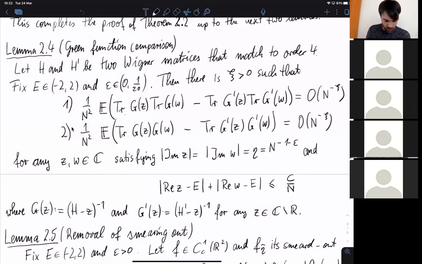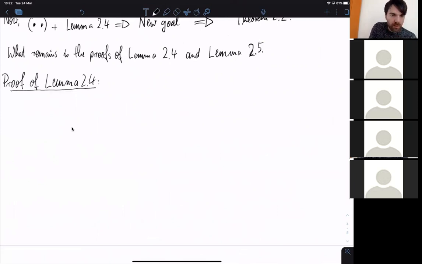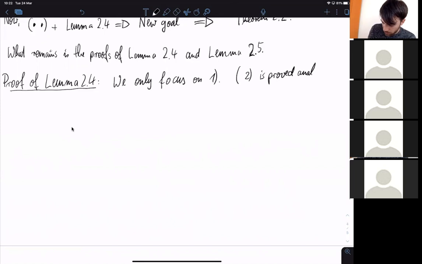So let's go into the proof of lemma 2.4. As I said, we only focus on 1. 2 is proved analogously. Now we first rewrite everything in terms of the entries of both resolvents.